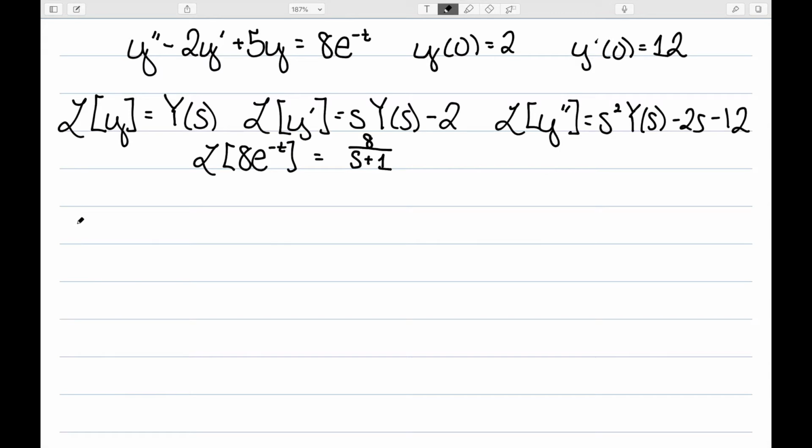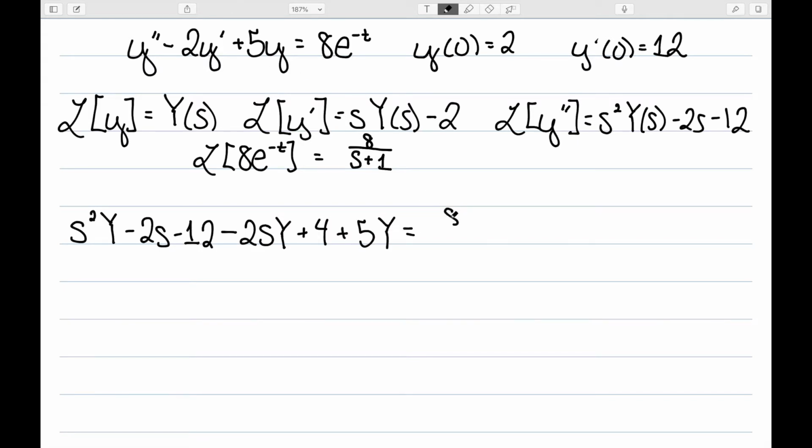So I'm going to rewrite my equation. Y double prime is s squared capital Y minus 2s minus 12. I then have minus 2y prime, so minus 2s capital Y plus 4, plus 5 times capital Y for the 5y.